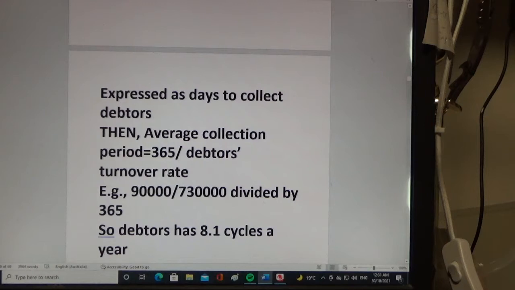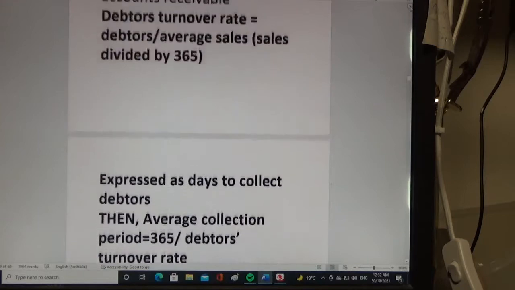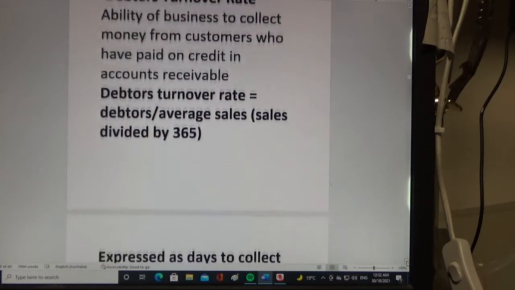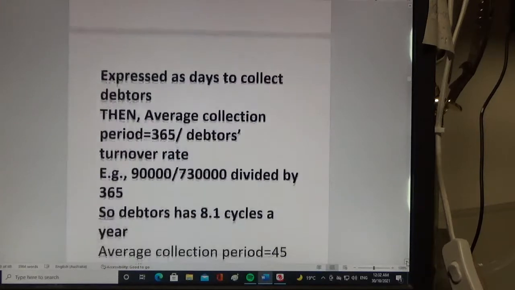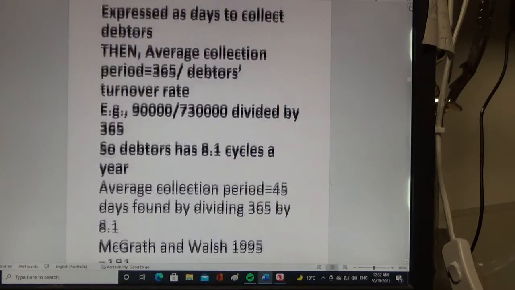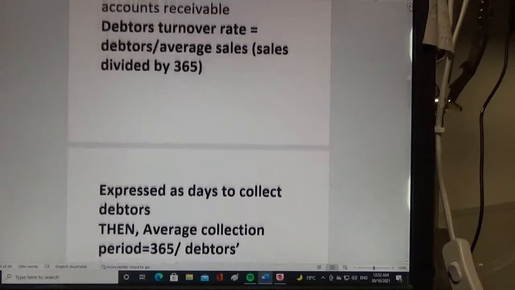And in this example, this might have been from McGrath and Walsh actually. Yeah, it is. McGrath and Walsh 95, my textbook from TAFE, page 181. Average collection period, yes, so they had 90,000 for, what is it, the numerator in the formula again?